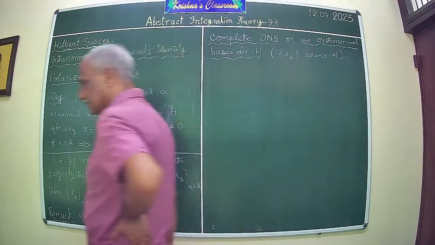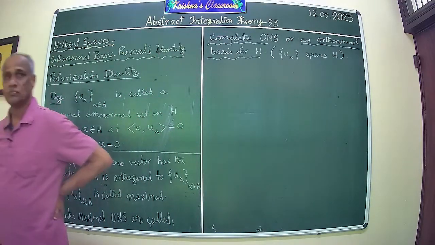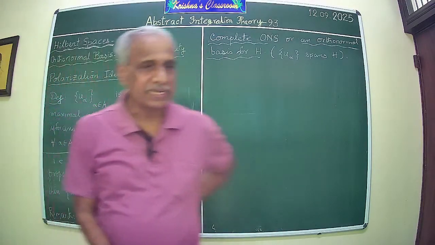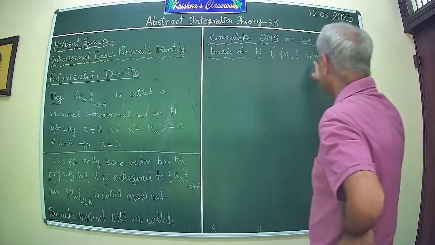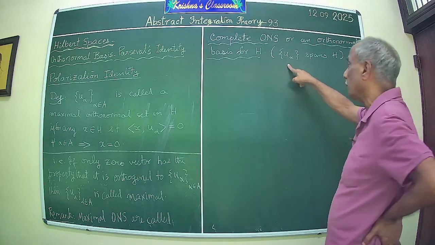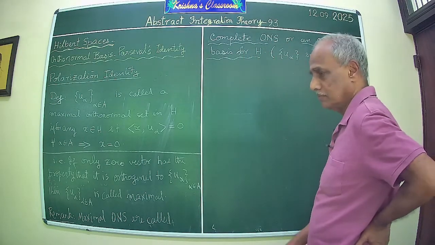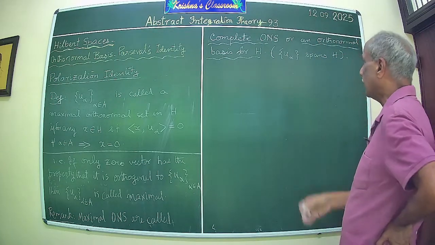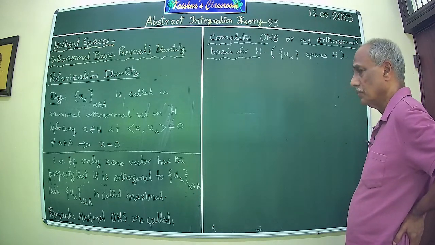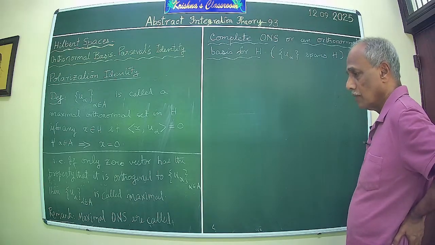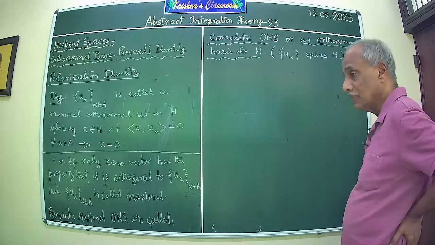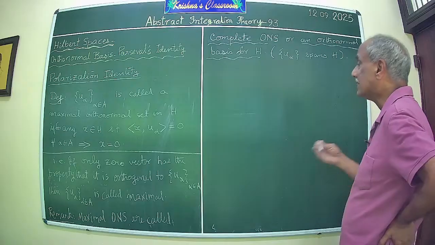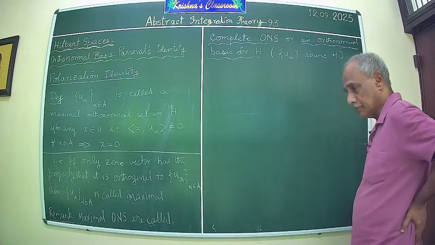Spans H in the sense that if you take any linear combination of vectors in this, whenever you talk about linear combination, it means only a finite sum. Okay. The whole collection would form a subcollection of H. But the property of this subcollection is that it is dense in the Hilbert space.